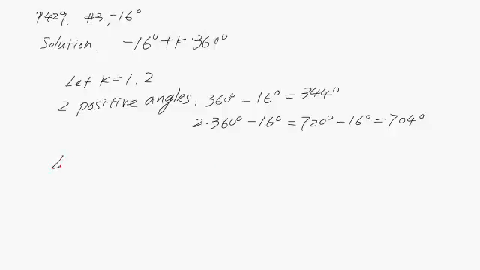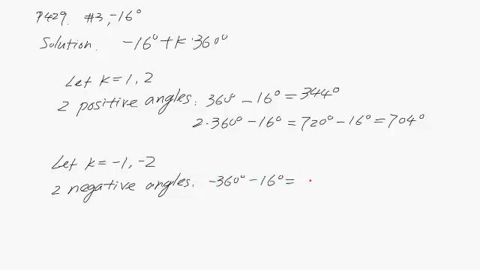Now, we let the k equal negative 1 and negative 2 to get the two negative angles which are coterminal with this given angle. So first we have the k equal to negative 1, so we have the negative 360 degrees minus 16 degrees, and then we get the negative 376 degrees.